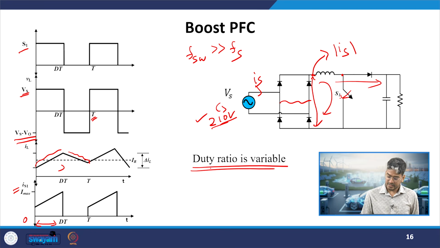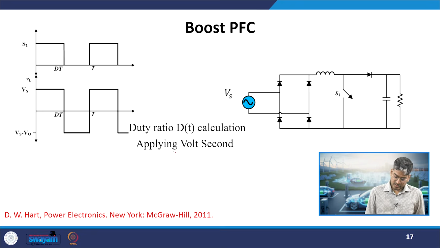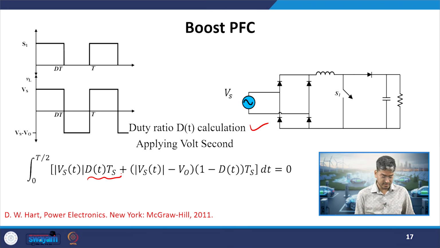Now, based on my requirement, that is the source current being sinusoidal, I will calculate the duty ratio. We will see how this duty ratio is calculated. For calculating the duty ratio, we will follow the same procedure as for volt-second balance. Here, 0 to T by 2 duration, we are integrating it, for the dT time, the switch on time. Why have we replaced d with d of t?